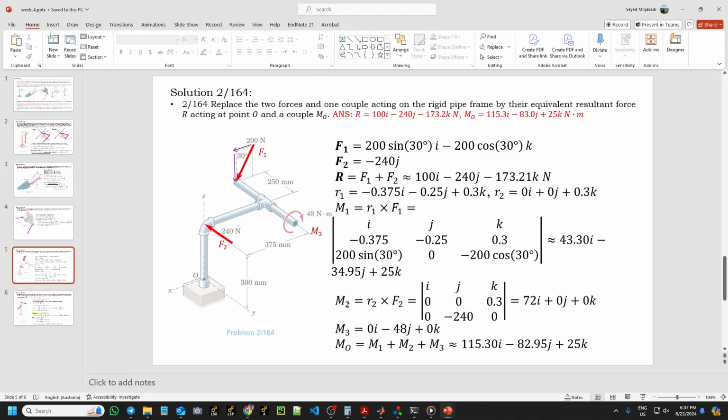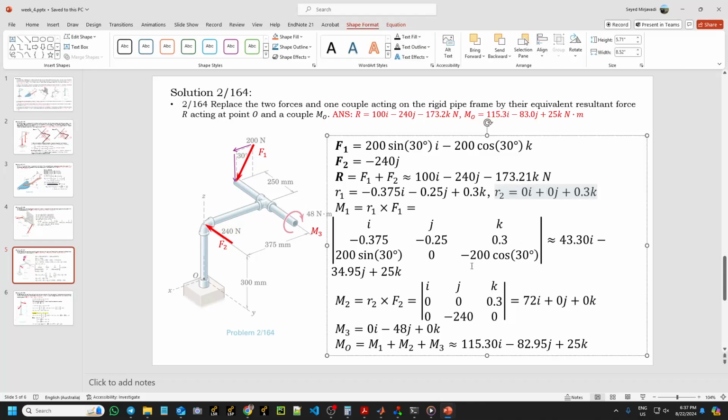And for M2, it is R2 cross F2. So what is R2? 0.3, we copy that 0.3. And F2 is 0, negative, and this one is negative 240. I will copy that, and I will obtain M2 like before.